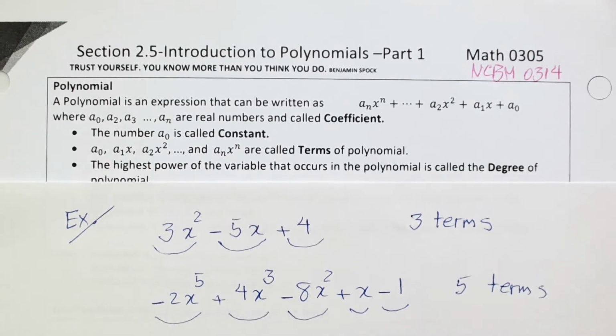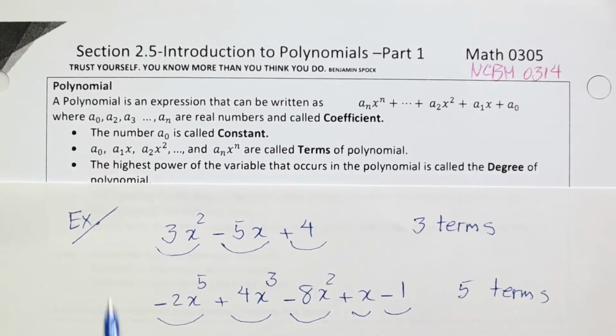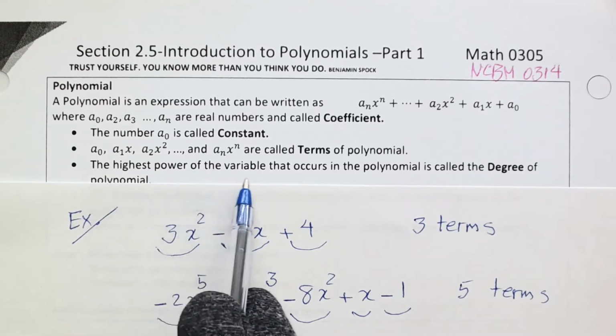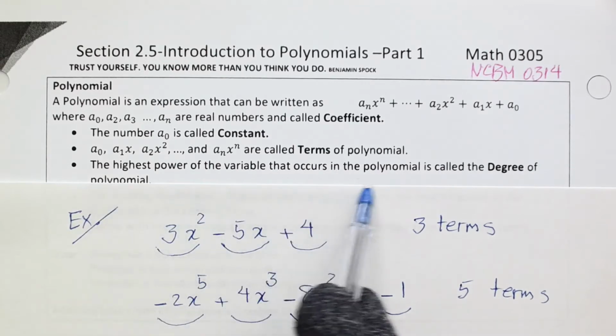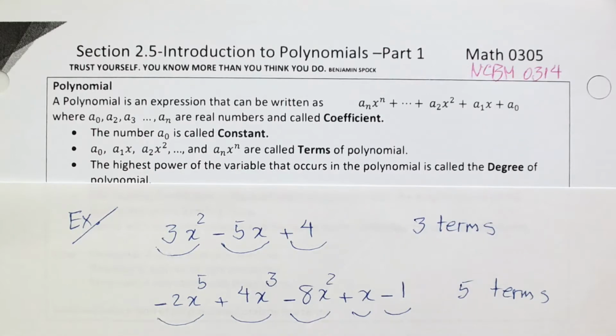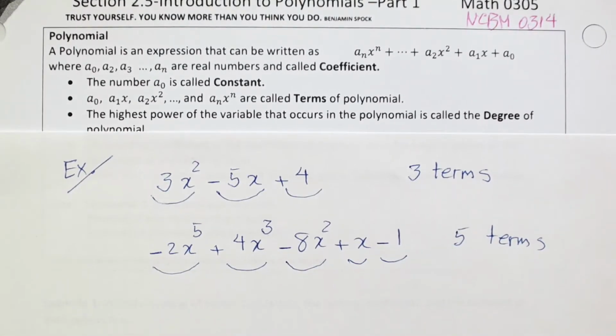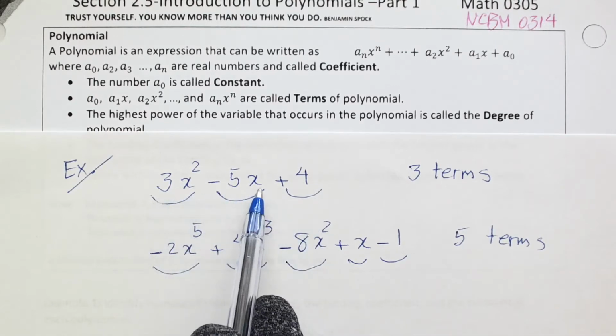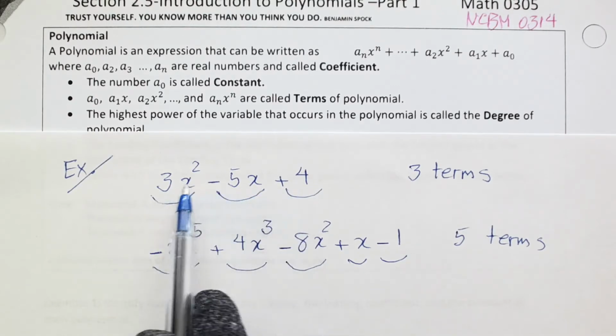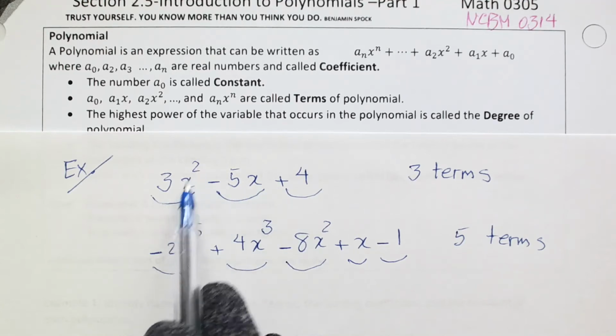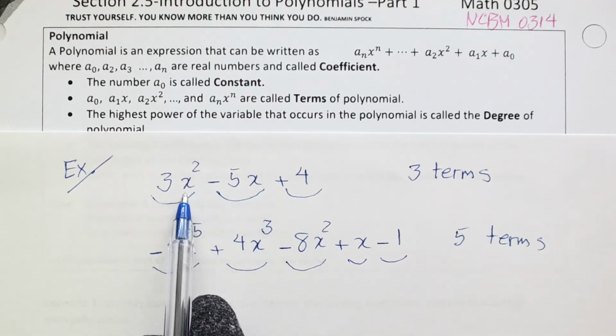The highest power of a variable in a polynomial is called the degree of that polynomial. So in these two examples, in example 1, x is the variable. Between these 3 terms, power 2 is the highest power of x.